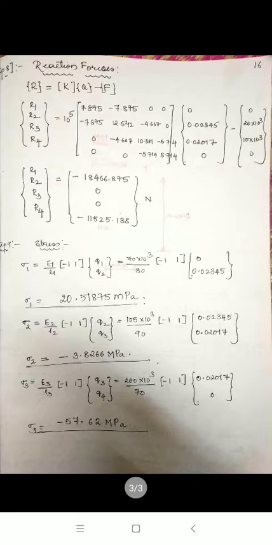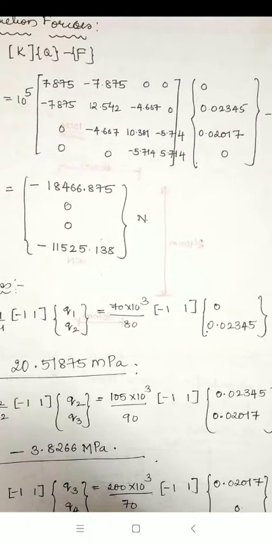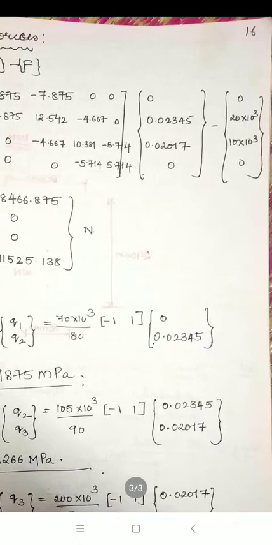Next, finding the reactions. The equation for this is R equal to K Q minus F. R means reactions, K is the global stiffness matrix, Q is the displacement vector, minus F, the force vector. Substitute all the values. After substituting, we get the equation like this.